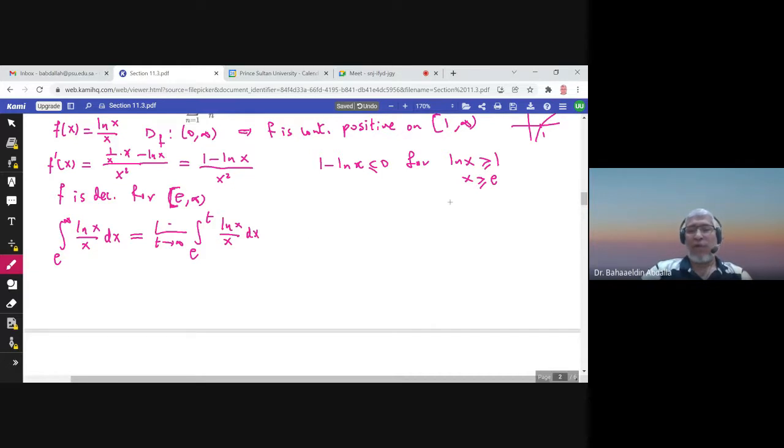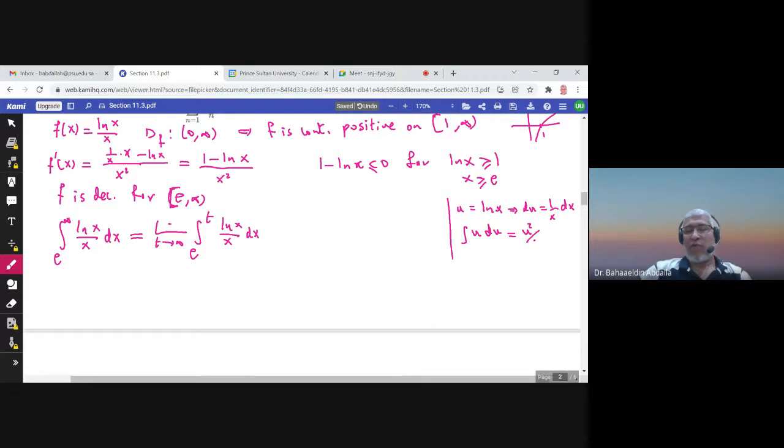Now, how can we evaluate this integral? If I take u equals ln x, then du would be 1 over x dx. So this integral would be the integral of u du, since ln x is u and 1 over x dx is du.